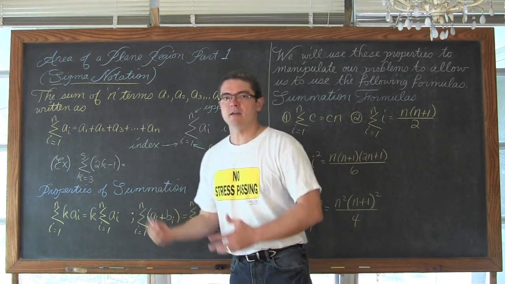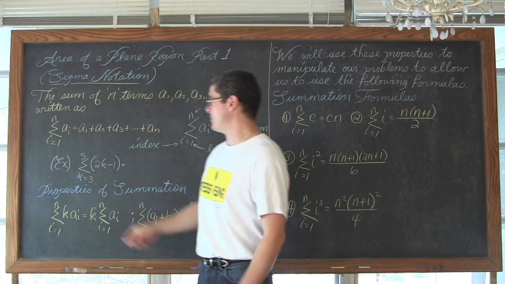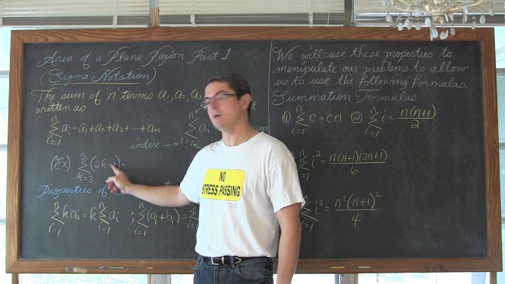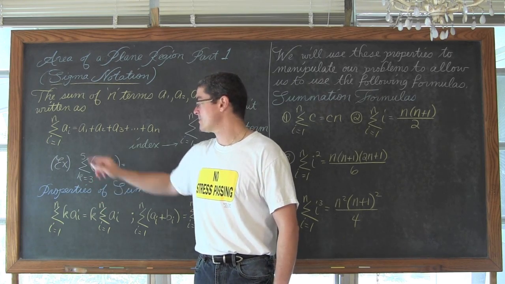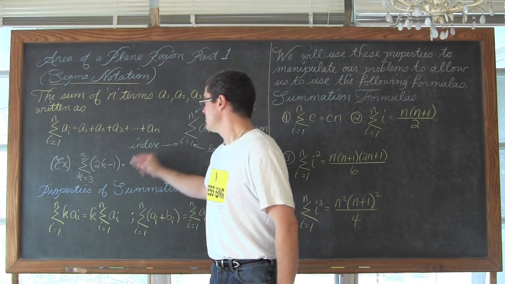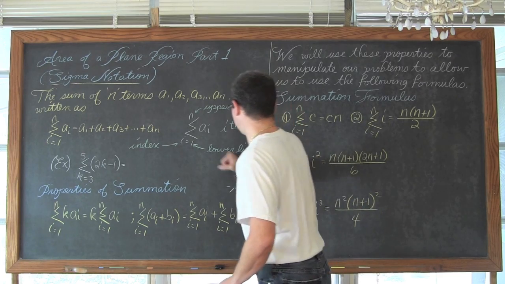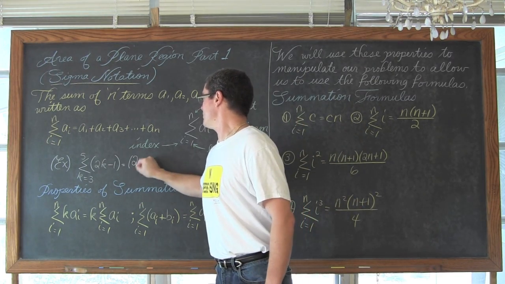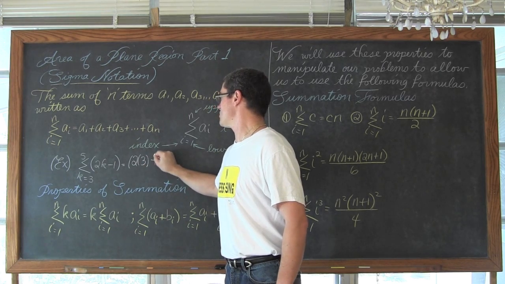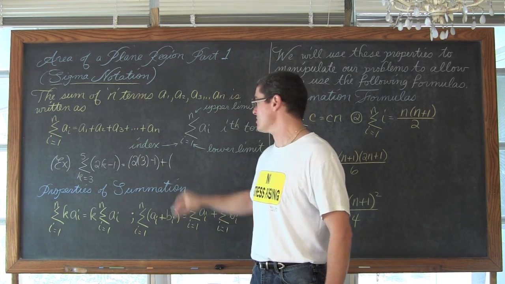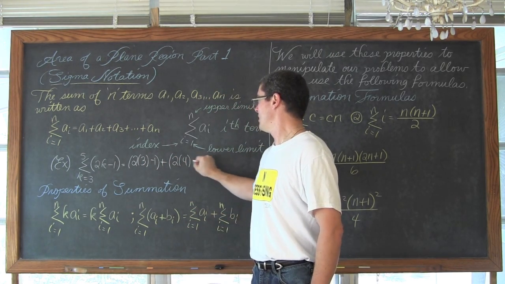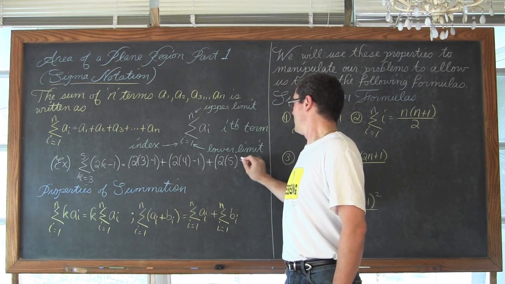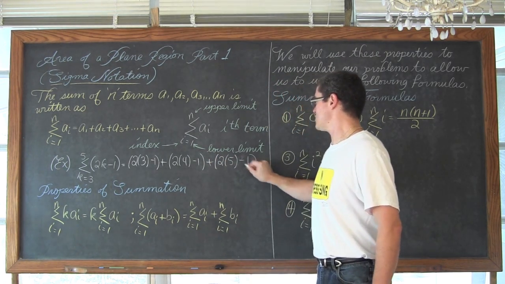So what does that mean, as at least one really basic example? The summation of 2k minus 1, where k starts at 3 and goes up to 5, is simply written like this. It's going to be 2 times 3 minus 1, and then we're going to plug in 4, so it'll be 2 times 4 minus 1, and then we're going to plug in 5, and 2 times 5 minus 1.